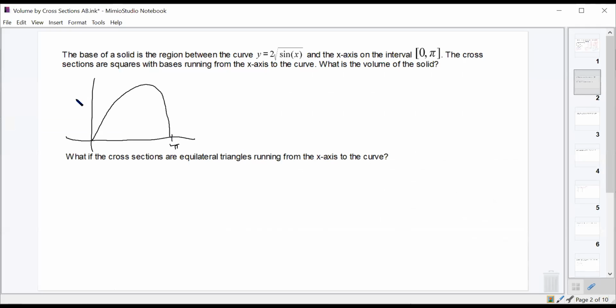It looks like this, basically, right? It goes up to a height of 2. And this is y equals 2 root sine x. And so what this is saying is that this region that we've drawn here from 0 to pi is actually the base of the solid. So imagine coming out of your screen, right towards you, is the solid.